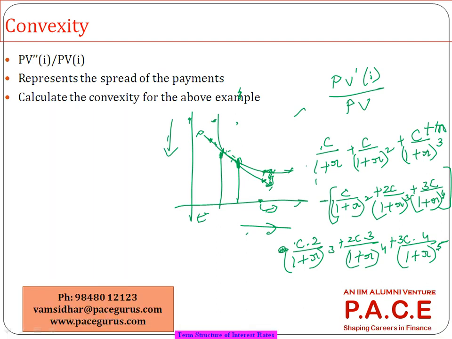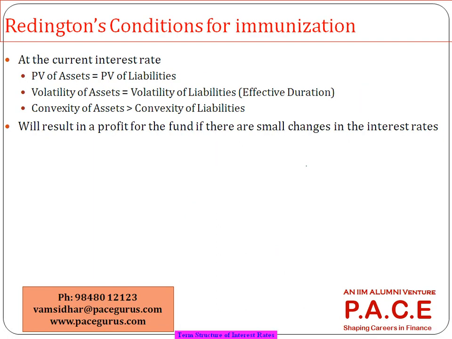All right, then one major aspect: why are we computing all these durations and convexities on the data? What we are simply saying is we will do a similar exercise with our assets as well as with our liabilities.